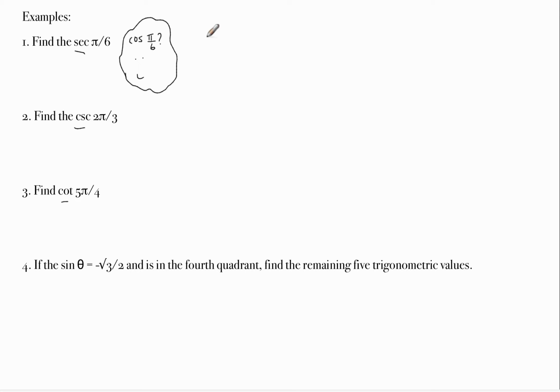The cosine of pi over 6 is radical 3 over 2. But I don't want the cosine. I want its reciprocal, the secant. So it's flipped to 2 over radical 3, which I can then rationalize, which gets me 2 radical 3 over 3.